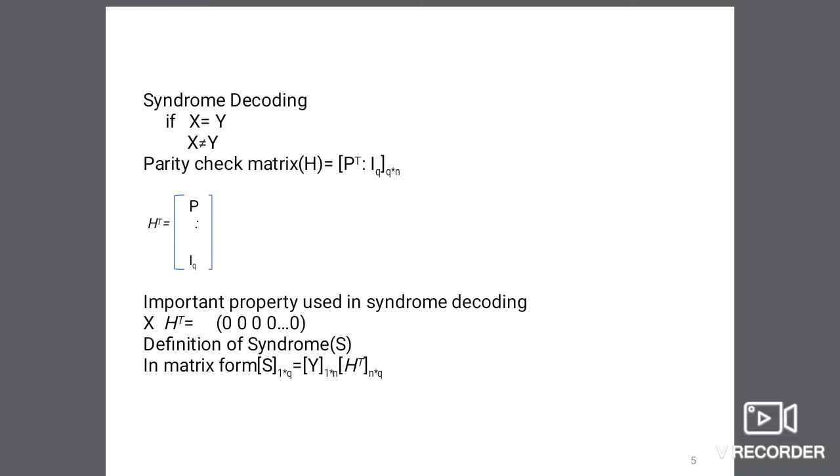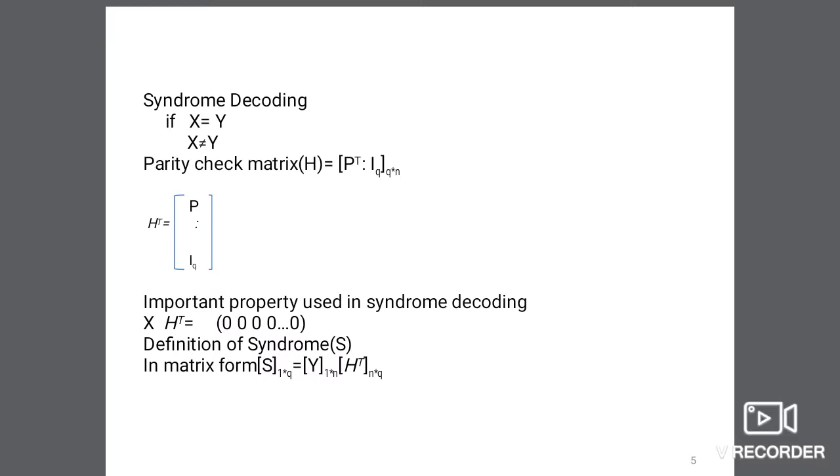And the definition of syndrome: what is the syndrome? When some errors are present in the received vector y, it will not be a valid code vector and it will not satisfy the property of the last equation. So y H^T is non-zero.